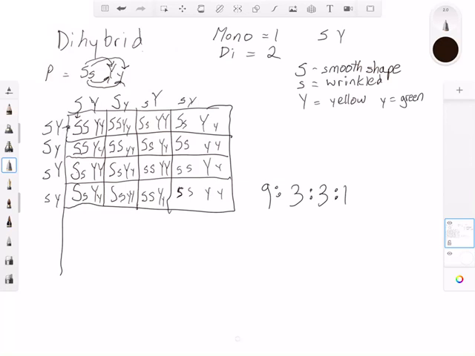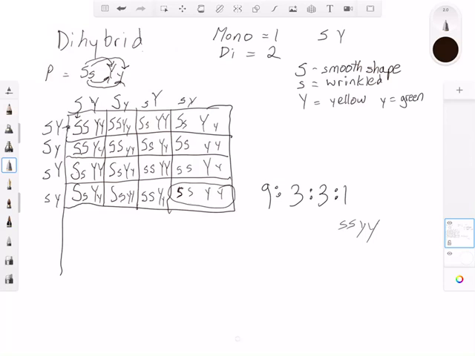And what that means is how many you have of each genotype. So the 1 is right here, little s, little y, little y. I'm not going to go through and distribute this for you.